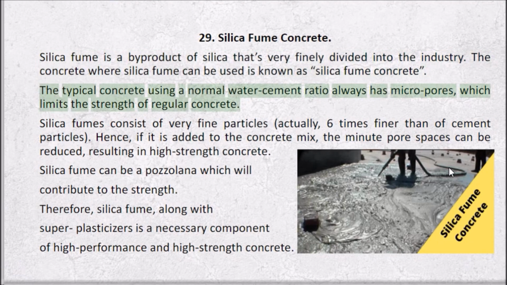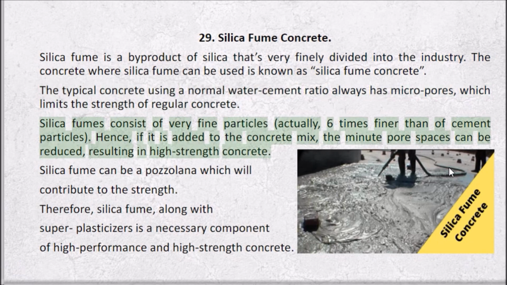Typical concrete using a normal water-cement ratio always has micropores, which limit the strength of regular concrete. Silica fumes consist of very fine particles, actually 6 times finer than cement particles.